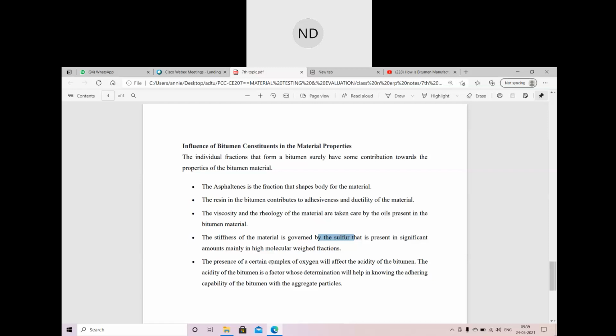The acidity of the bitumen is a factor whose determination will help in knowing the adhering capability of the bitumen with the aggregate particles.